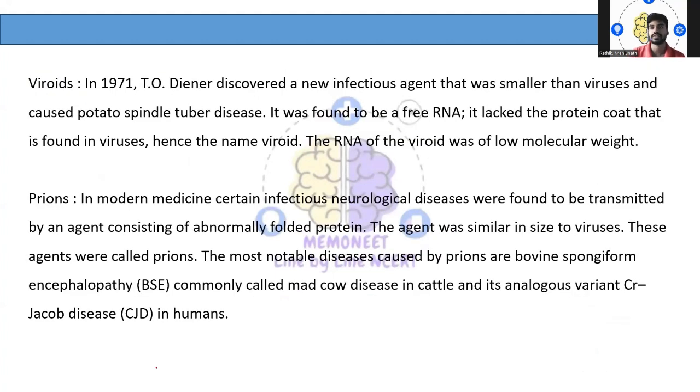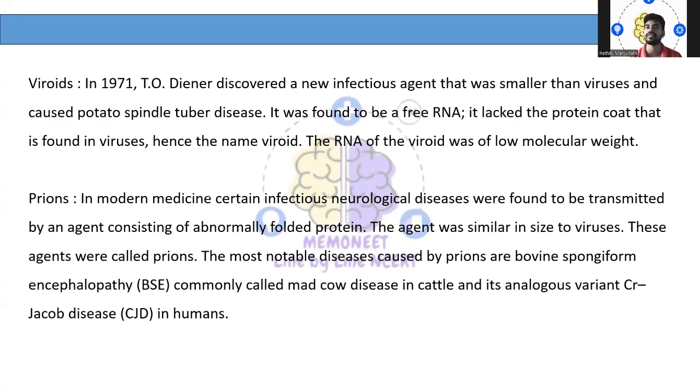Then coming to the other thing, that is viroids. Viroids, when compared to viruses, are again very small. In 1971, Diener discovered a new infectious agent that was much smaller than viruses, and which caused potato spindle tuber disease.